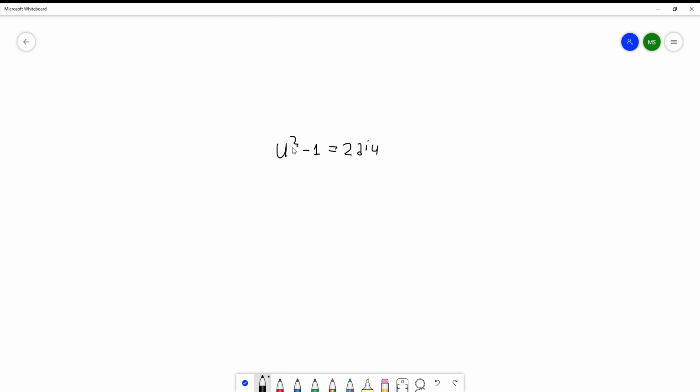Now we can solve this. So we say u squared minus 2aiu is 1. Now we're going to complete the square, so that's u minus ai squared. Now I have to subtract ai squared.